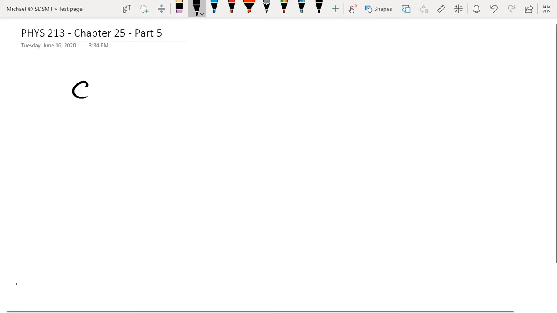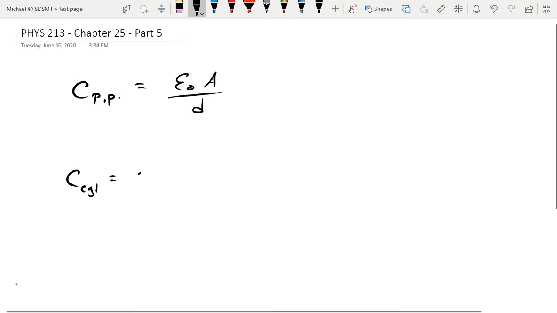But I want to bring our attention back to the expressions that we came up with for the different types of capacitors. We had the parallel plate capacitor, we had the cylindrical capacitor, and then the spherical capacitor.